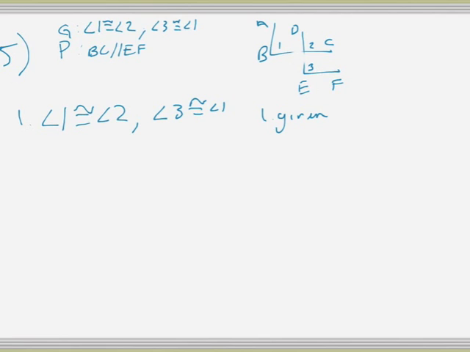So I know that 1 and 2 are the same, and I know that 3 and 1 are the same. So what does that mean? 3 and 2 are the same, because they are all marked the same now in the picture. So angle 3 is the same as angle 2. What would a reason be? Transitive or substitution. Either one of those is acceptable. Transitive is a little bit more specific, but substitution is totally fine.